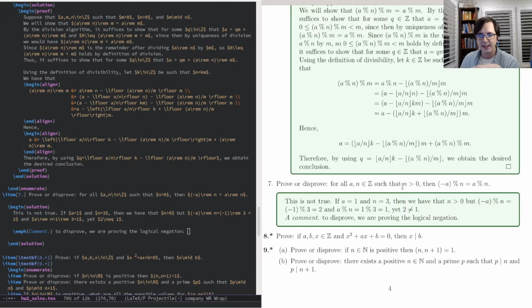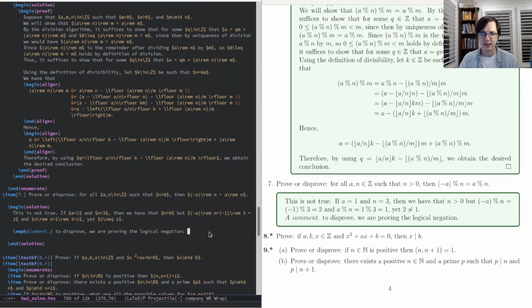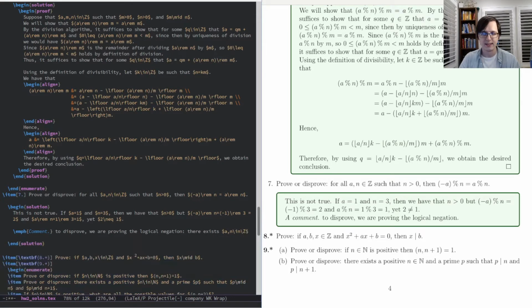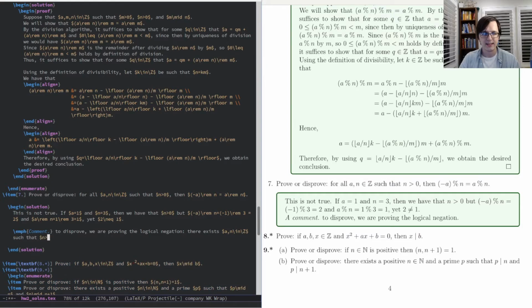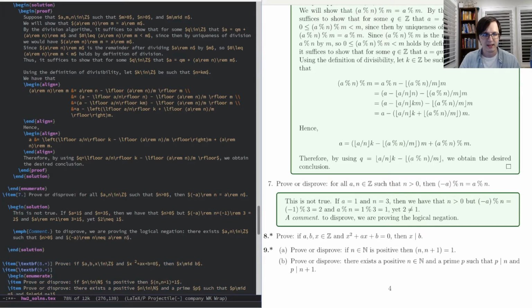And when we logically negate an implication like this, it turns into the first thing is true and the second thing is false. So there exists a and n in the integers such that n is greater than 0 and minus a remainder n is not equal to a remainder n.